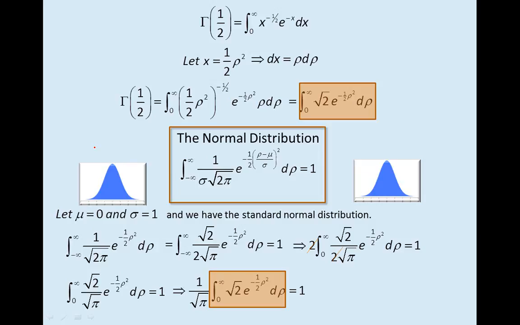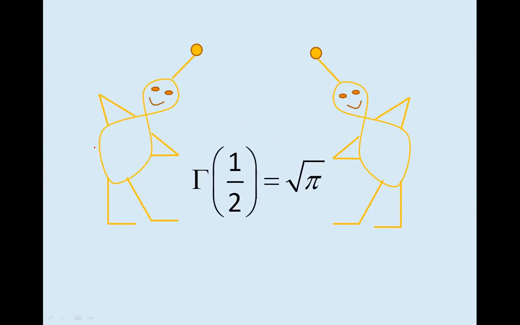Except I've got 1 over square root of pi out front. Well, if I just multiply by the square root of pi on both sides, I have this. Now this is fascinating because what we're saying is that gamma of 1/2 is equal to the square root of pi. And I don't care who you are, you've got to admit, that's kind of cool.